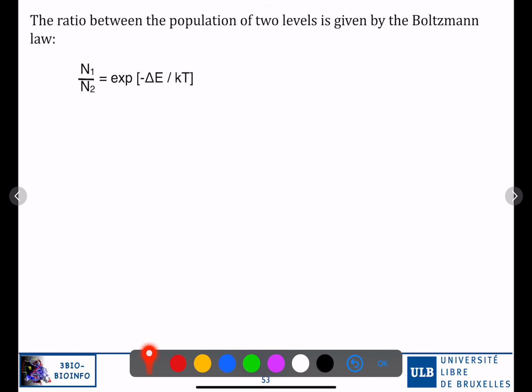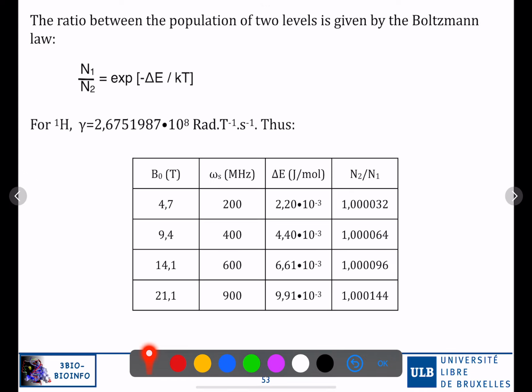And so you will see that the ratio between the population of the two energy levels, so you have part of the nuclei that will adopt one energy level and other nuclei in your sample will adopt the second energy level, and the ratio between these two populations is dependent on the energy difference and thus dependent on the intensity of the external magnetic field.